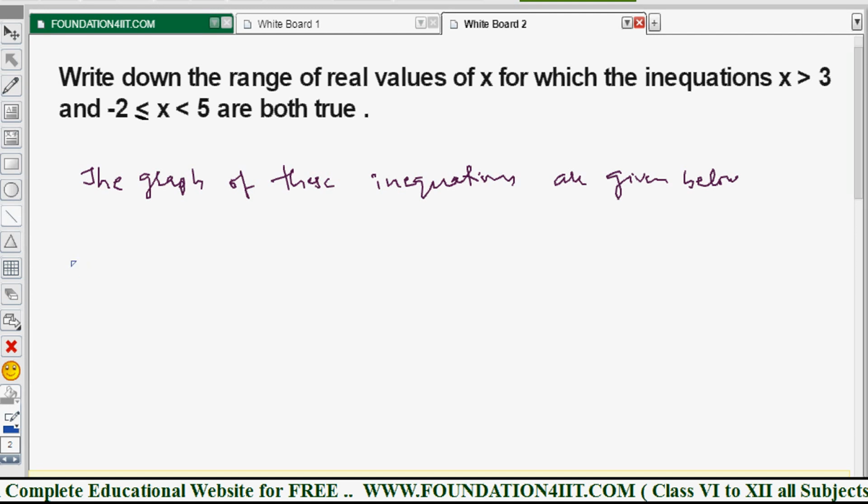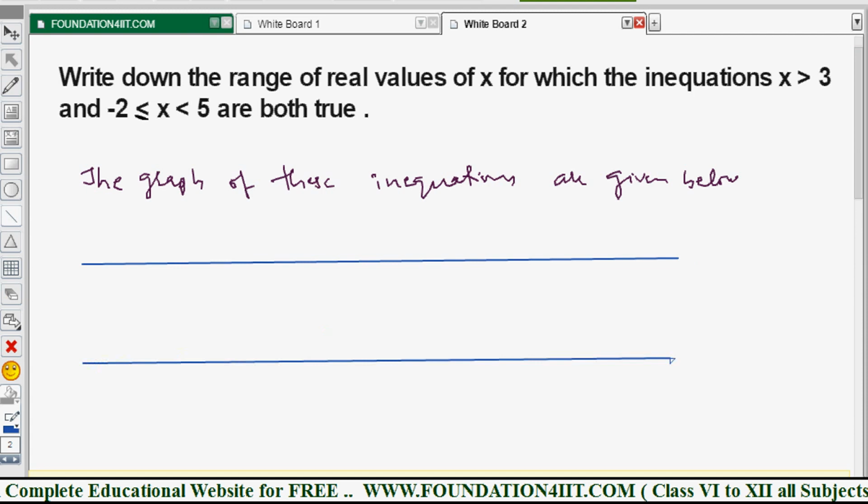So take this for both. This is for the first inequation, and take one more. These two will be represented separately. First one, if you observe, x is greater than 3, and the condition is real values. Both are for real values. That means x belongs to real numbers. You should remember that.